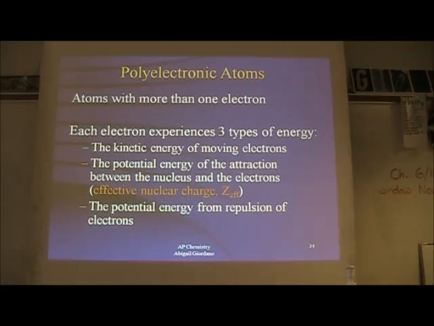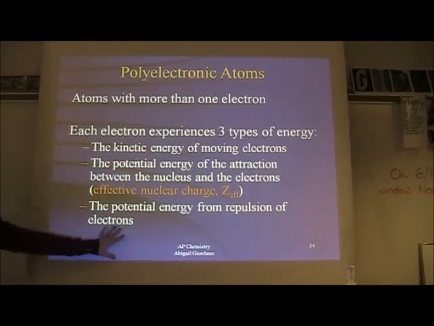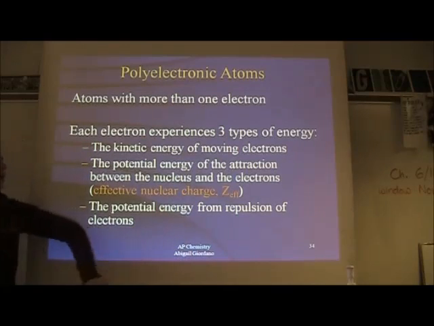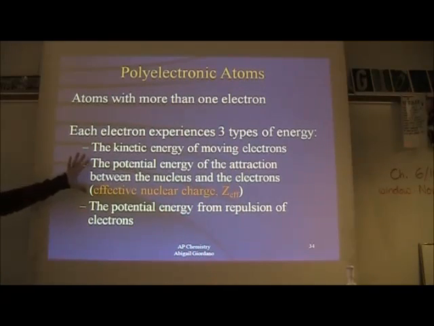They have the same charge. They're both negative. Like charges repel. Okay, so they're experiencing some potential energy from that force of repulsion. And then this is the one that we're really going to focus on today. Right? It has a very fancy name. It sounds much more complex than it actually is.